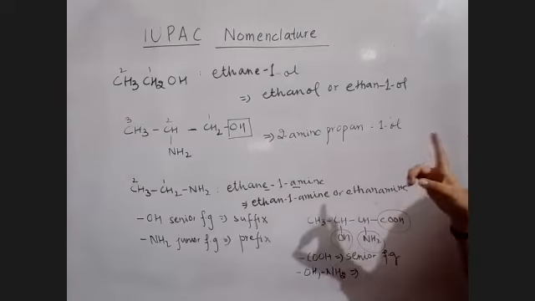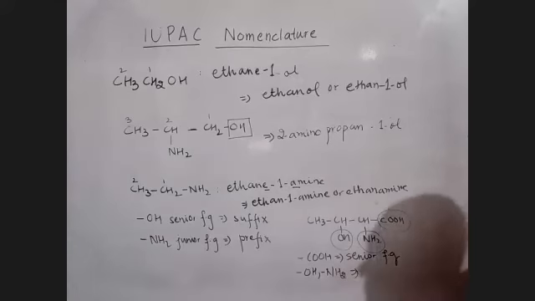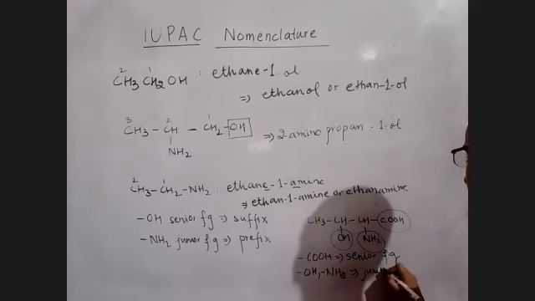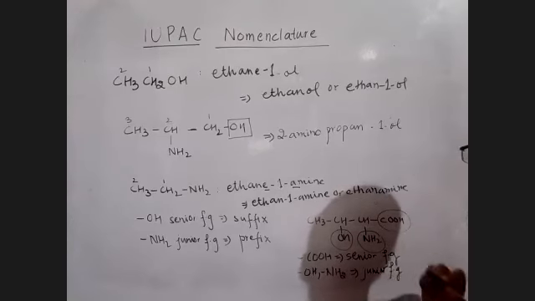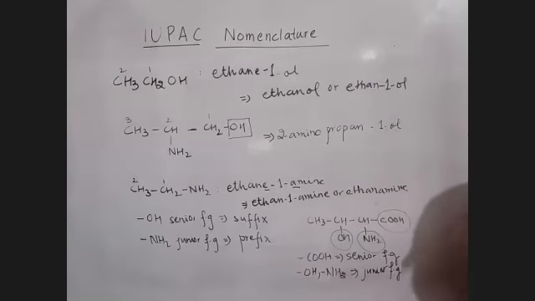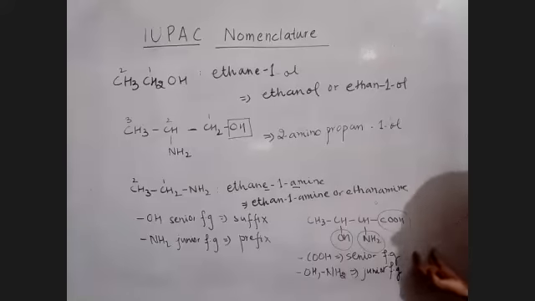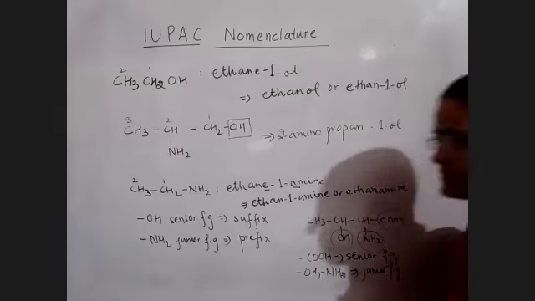For the senior, you will use oic acid. For OH, you will use hydroxy, for NH2 you will use amino. You will use a suffix for the senior, and for the junior ones you will use a prefix.